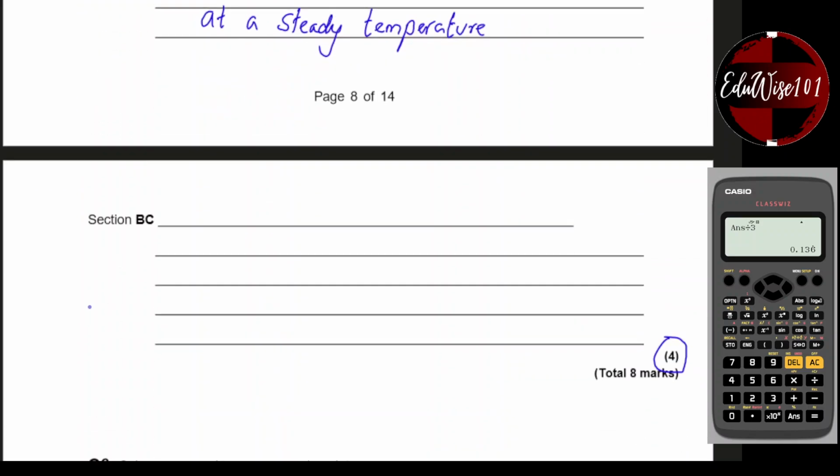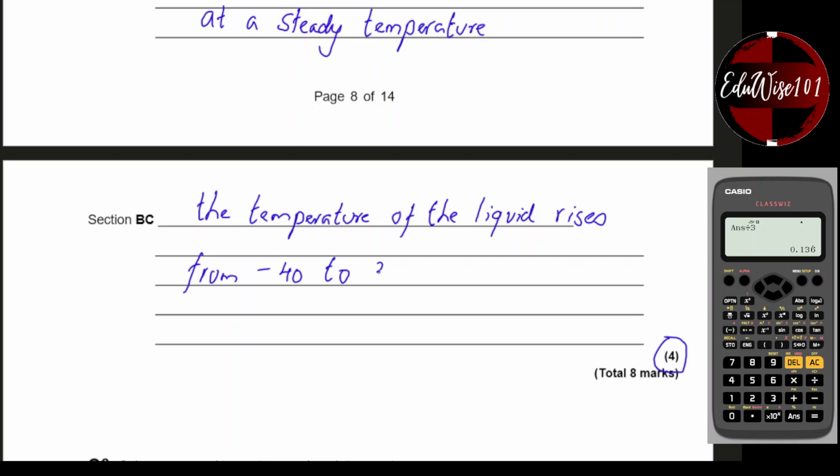So we can say the temperature of the liquid rises from -40 to 360, right?